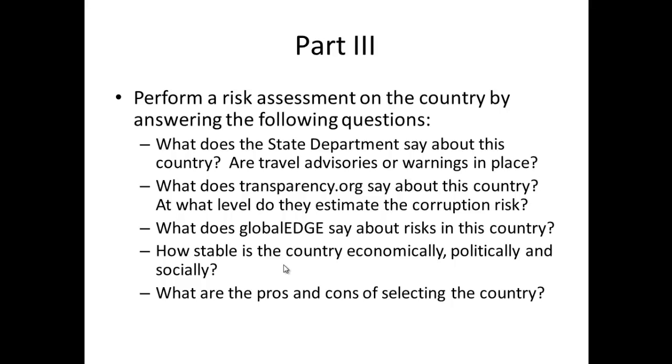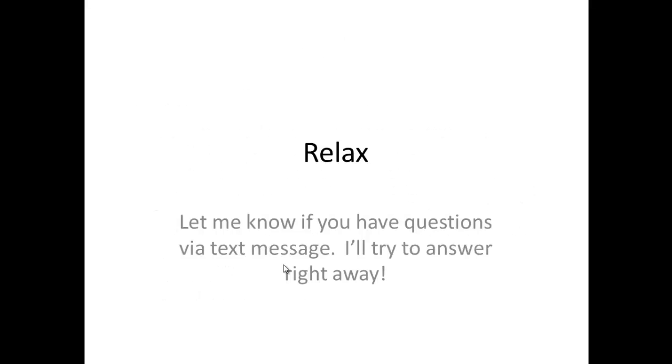See if Global Edge has any information on the risk factors in the country. Do a little baseline research about the economic, political, and social stability of the country, and then indicate what the pros and cons are of selecting that country. When you finish all of these questions, your paper will be complete.